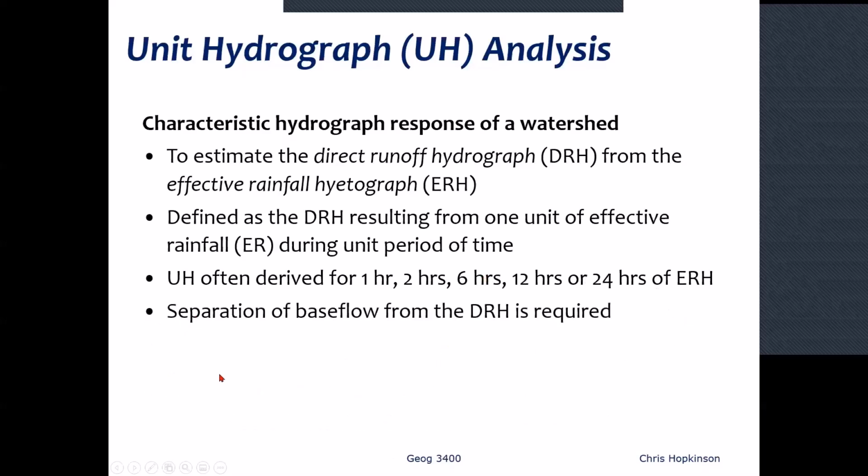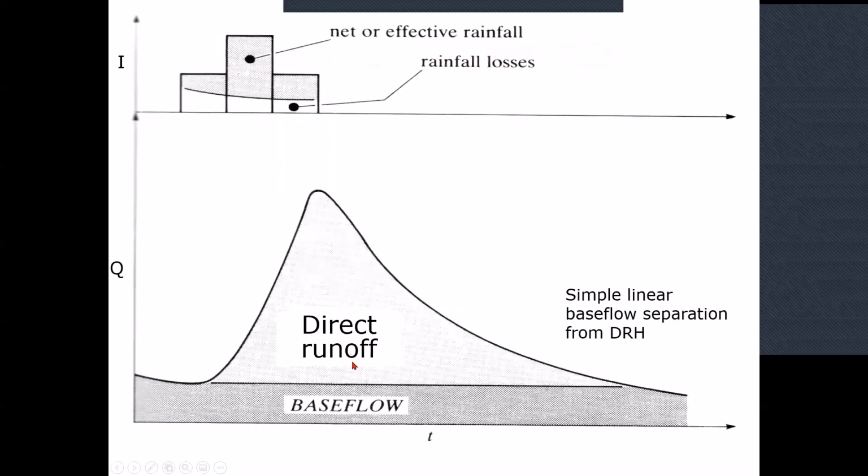In order to do this, we do need to separate base flow from the direct runoff hydrograph. And so, of course, that's what we were trying to do in the last slide. So here's an example. Here's our rainfall hyetograph. Here's our hydrograph, and here's an extremely simple way to separate base flow. It is not accurate. This doesn't represent reality.